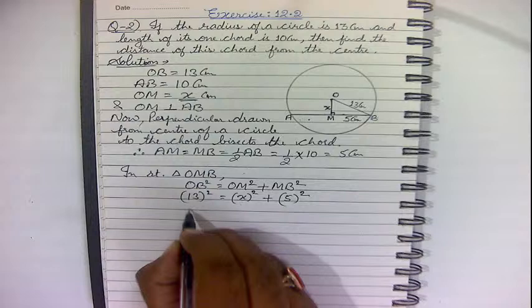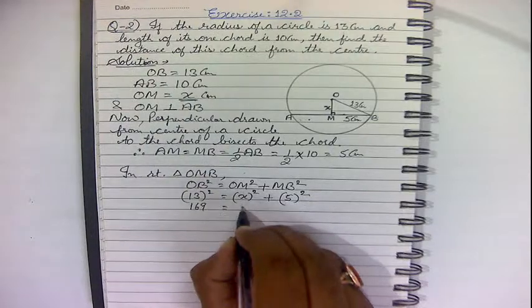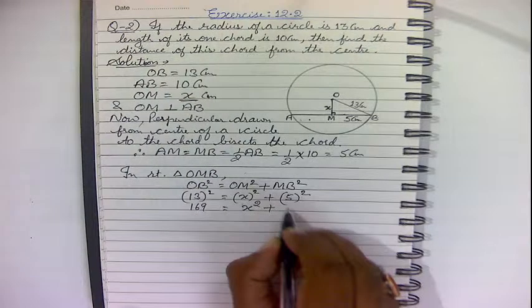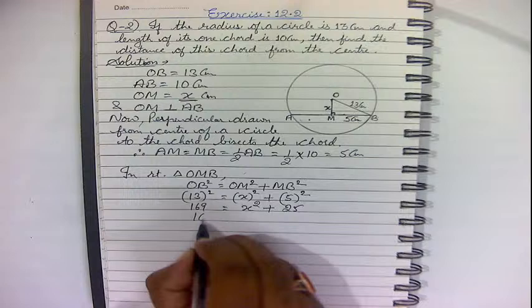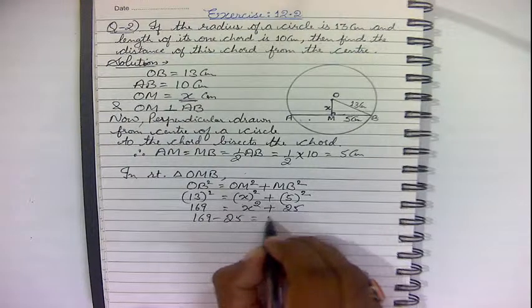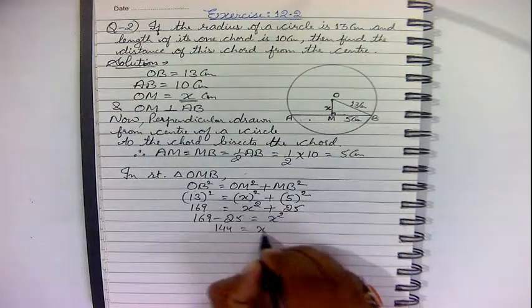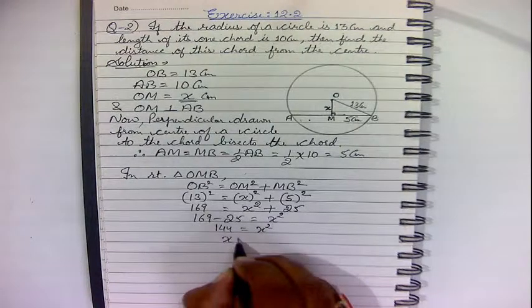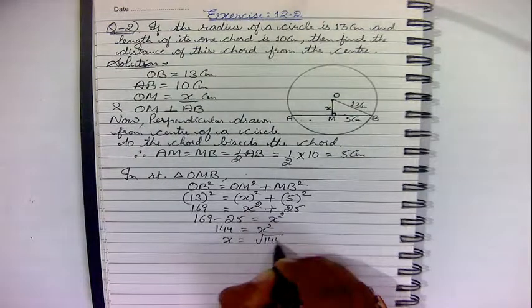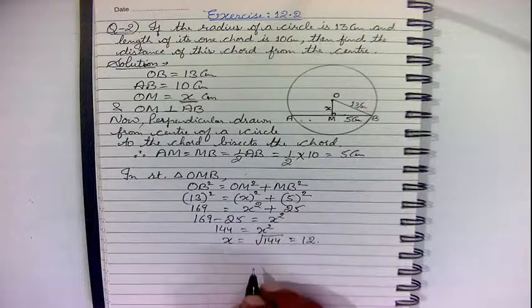Here square of 13 is 169 equals to x squared plus 25. 169 minus 25 equals to x squared. 144 equals to x squared and x is square root of 144, that is 12.